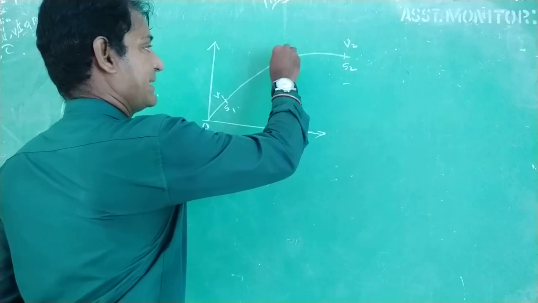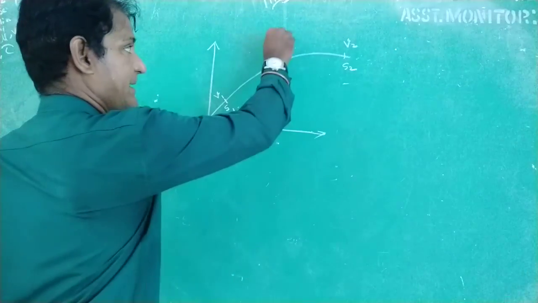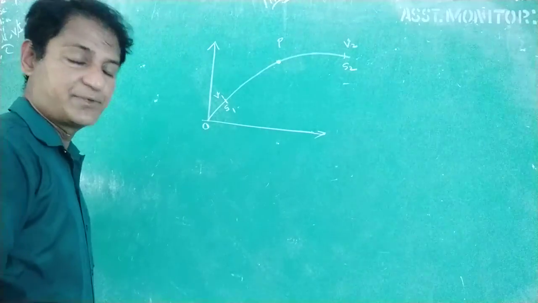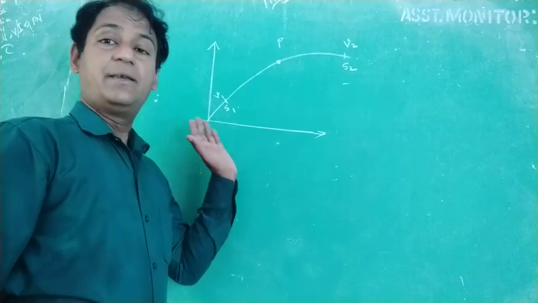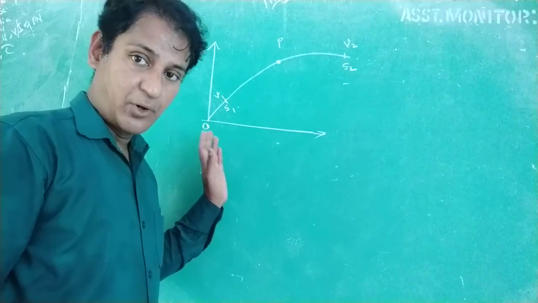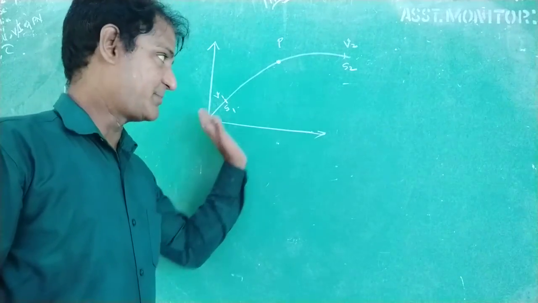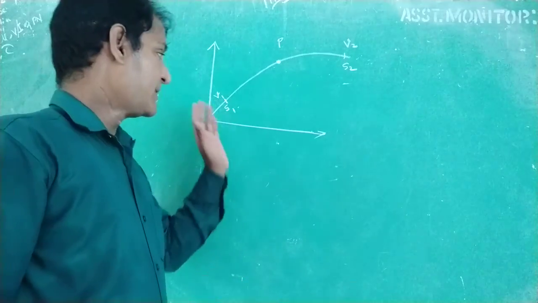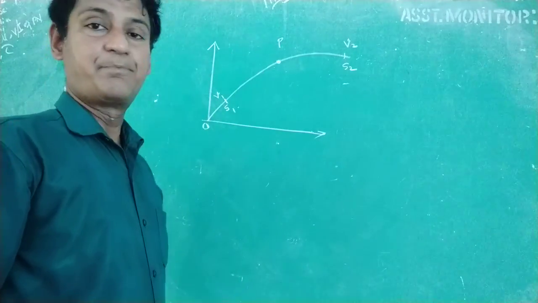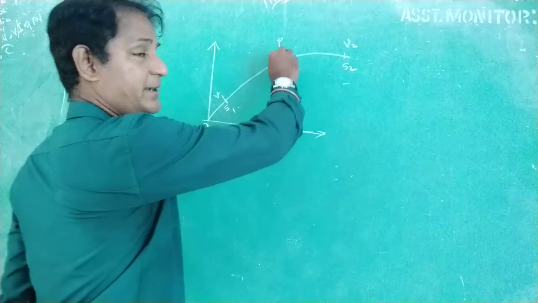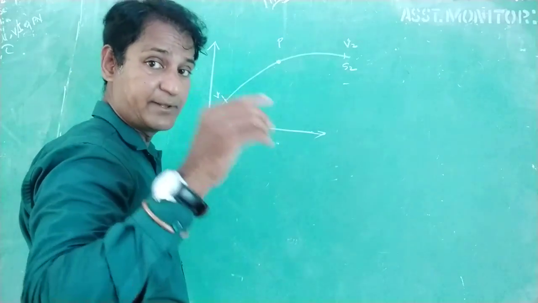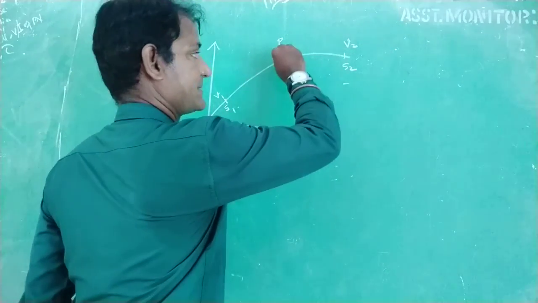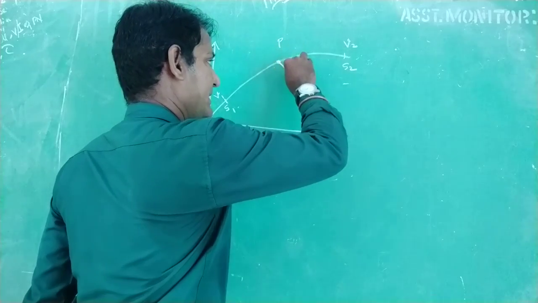Consider the body is at the position P here. See, a force is acting on the object due to which it displaces. It means work is said to be done on the object. So it moves to position P. At this point, the force acting on the object is along this direction.